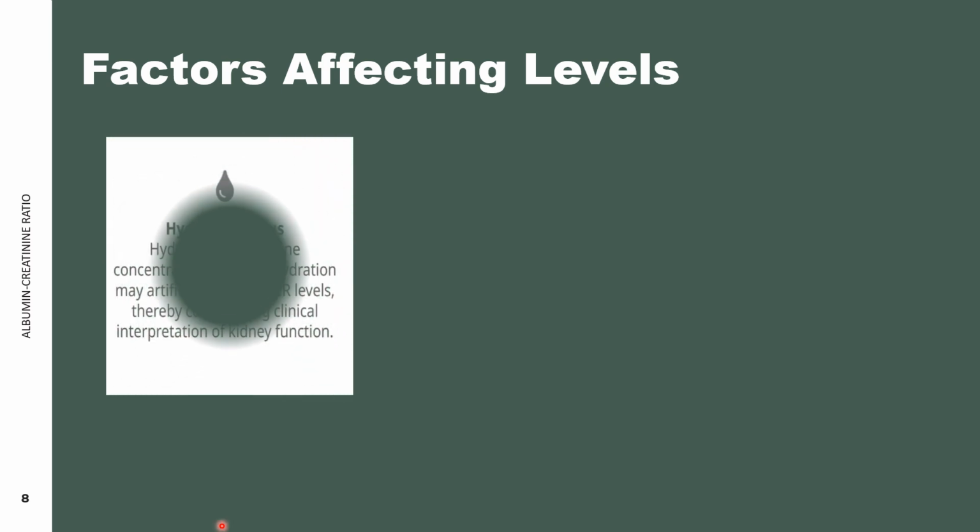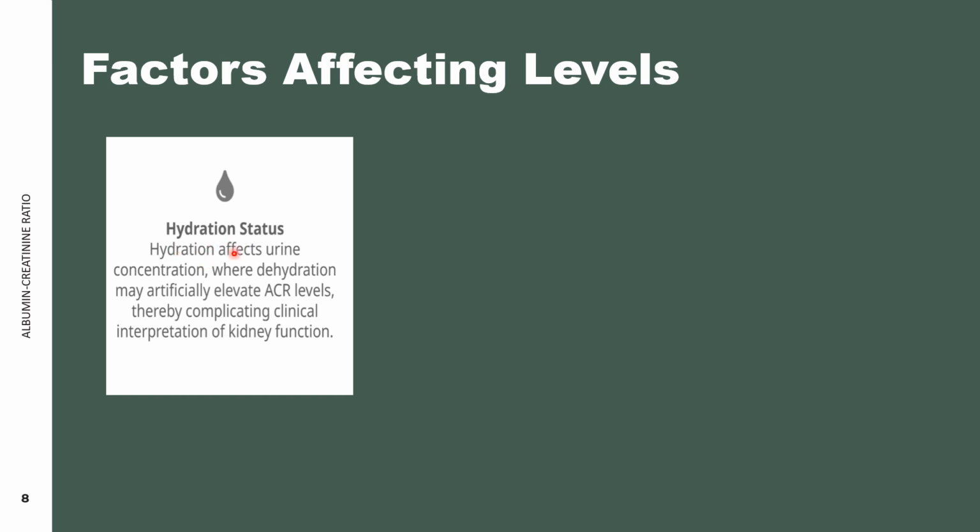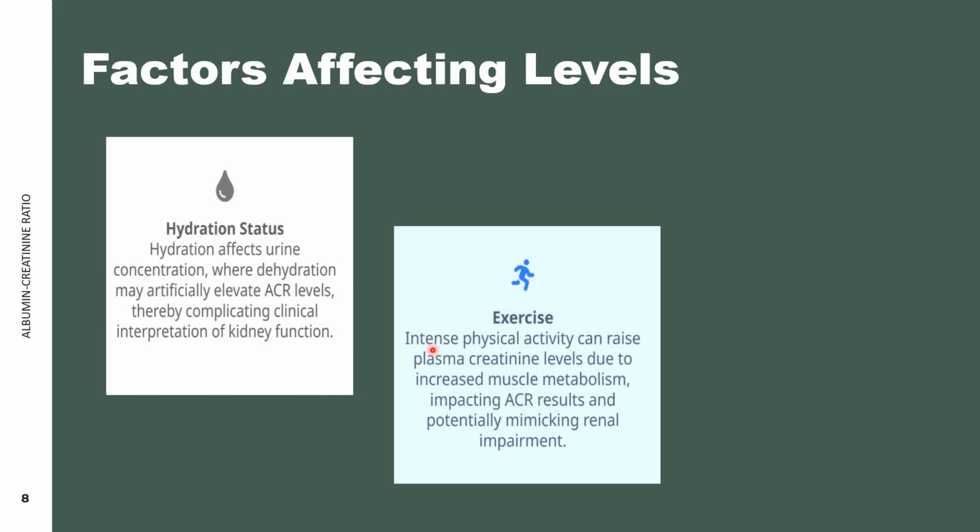So what are the factors affecting the ACR ratio? First of all, hydration status. Hydration can affect the concentration of the urine. So dehydration can artificially elevate the ACR levels, thereby complicating the interpretation of kidney function. Secondly, exercise.